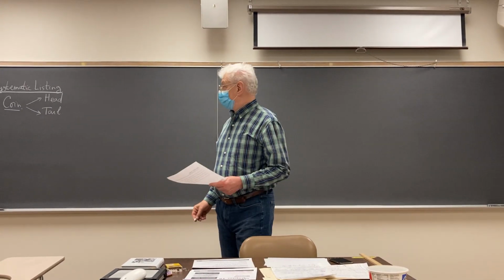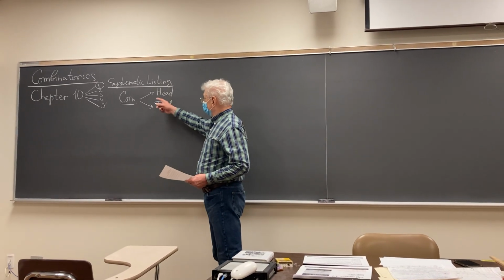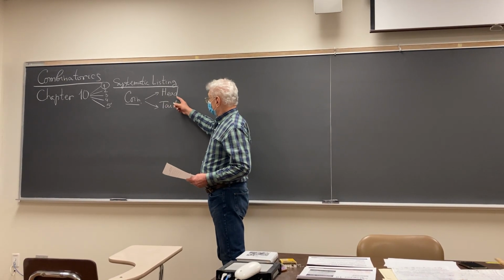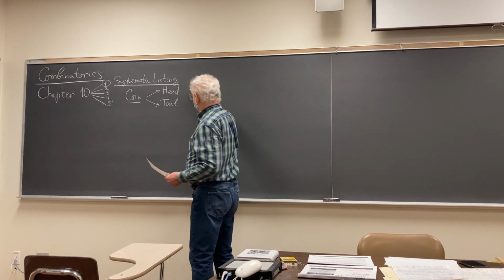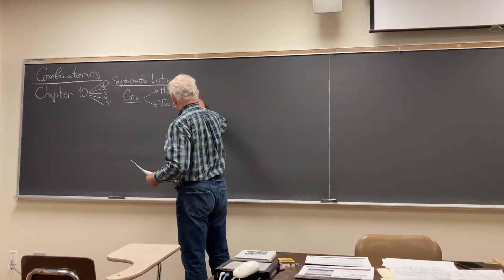The possibilities when you toss it: you have either head, which we denote, say, by 0, and the tail, which we denote by 1.